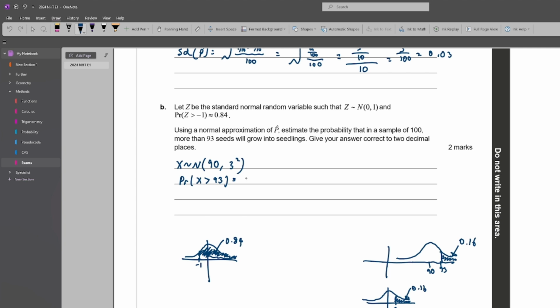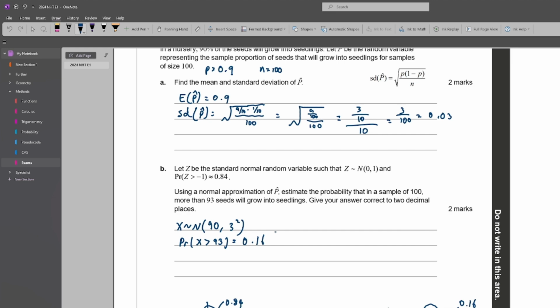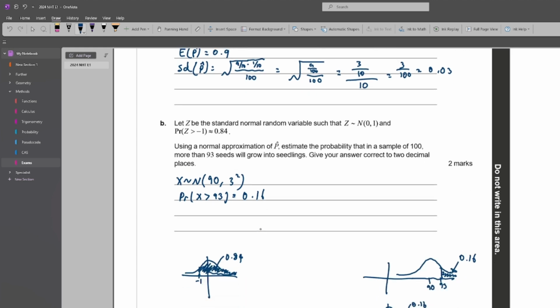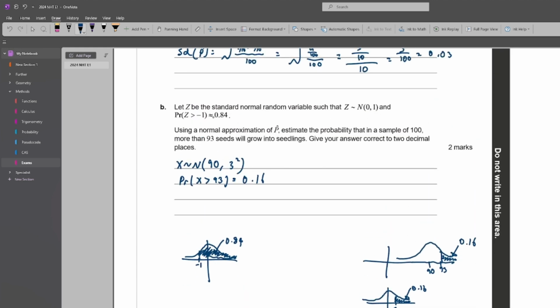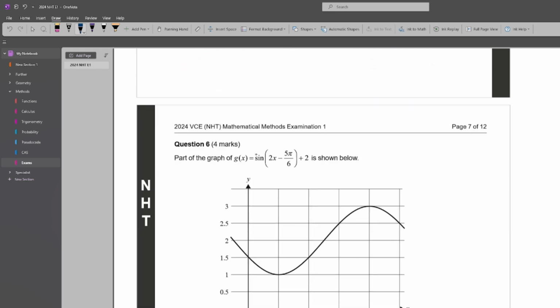So to 2 decimal places, 0.16. Not sure how big of a fan I am of 'to 2 decimal places' when we've got an approximation that we're using in our working, but oh well.